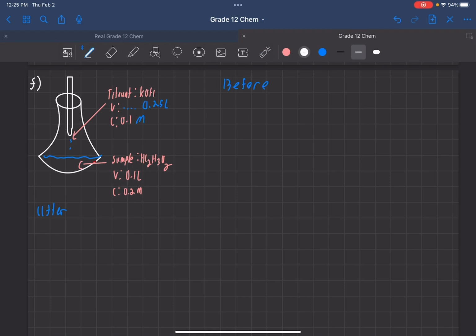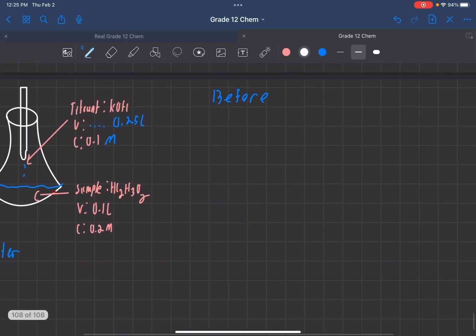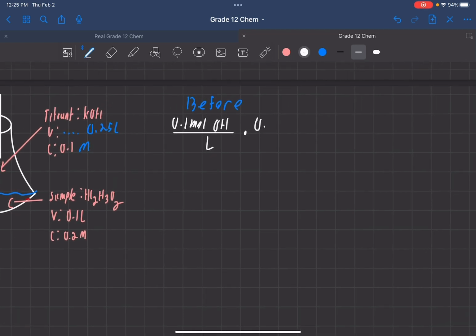All right, so we're going to do our before and after again. So initially, how many moles of hydroxide do we have? Well, we have 0.1 moles of hydroxide per liter. Remember the 1-to-1 ratio with hydroxide and potassium hydroxide times 0.25 liters of this titrant. And we end up getting 0.025 moles of hydroxide.